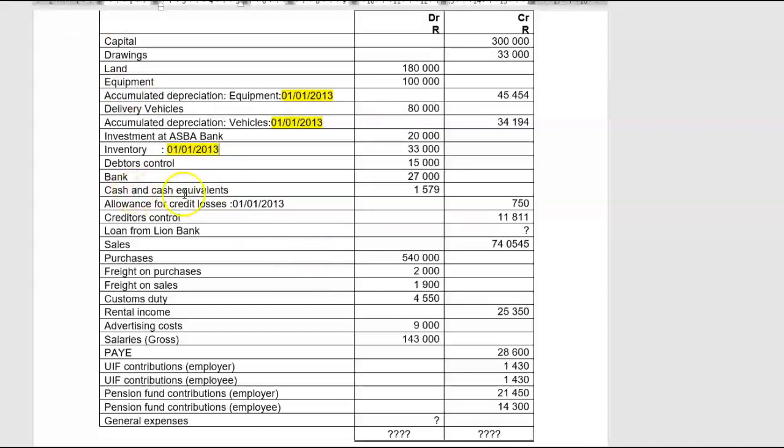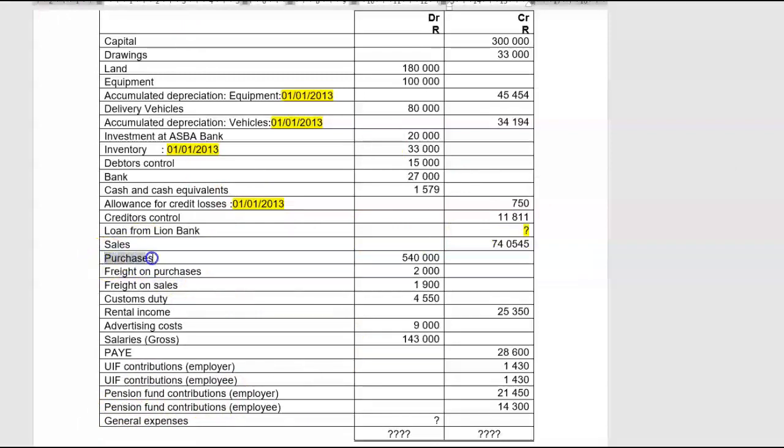Then we have debtors, bank, cash and cash equivalents. We have allowance for credit losses, and again, we sit here with an opening balance of 750 Rand. We have creditors control. We have a loan from a bank with a big question mark, so obviously we will be required to do some calculations.